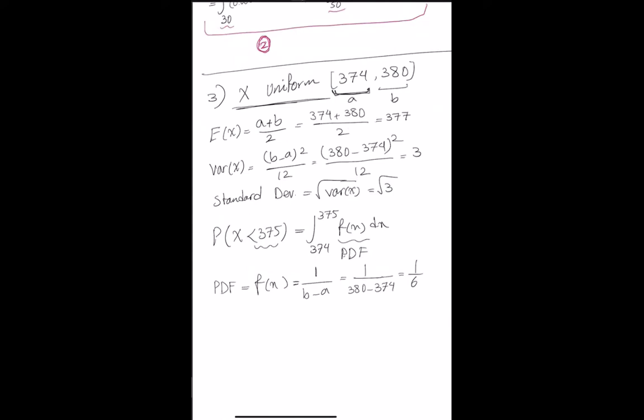So then this calculation is from 374 to 375, f of x, which is 1 over 6 d of x. So the result is going to be 1 over 6. If you do the integral, put the lower bound and upper bound, this is what you're going to get.